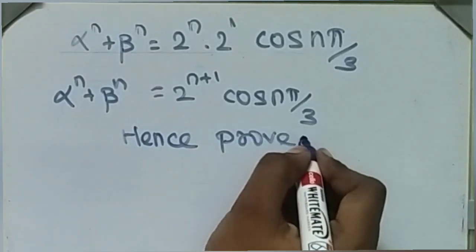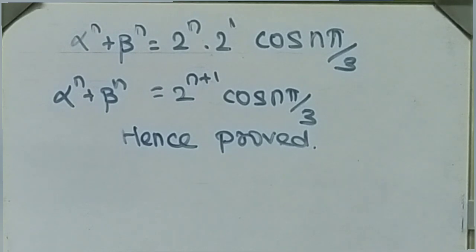Clear? We are provided with an equation and we have to prove that alpha power n plus beta power n equals 2 power n plus 1 multiplied by cos n pi by 3. For this we first solve the equation using the formula x equals minus b plus or minus square root of b squared minus 4ac divided by 2. Then we find the roots alpha and beta and substitute them in the form alpha power n plus beta power n.